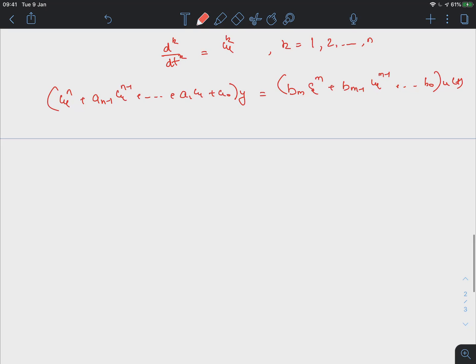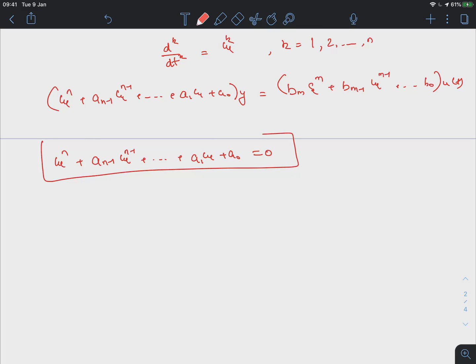Now the characteristic equation of this system is obtained by setting the homogeneous part of this equation to 0. Okay, so the characteristic equation basically is given by this polynomial not equal to 0.